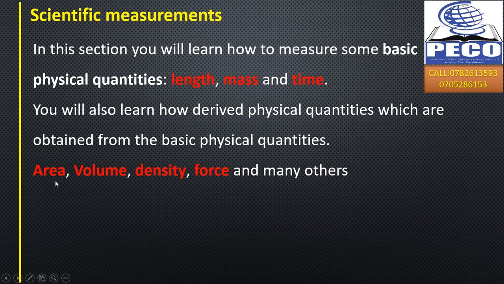The area of a box, the area of a surface, is length times width, and length and width are both measurements of length. Density you can get from mass and volume, so you are getting it from the basic physical quantities, mass and length. Force and many others. These are called derived physical quantities because they are obtained from the basic physical quantities.